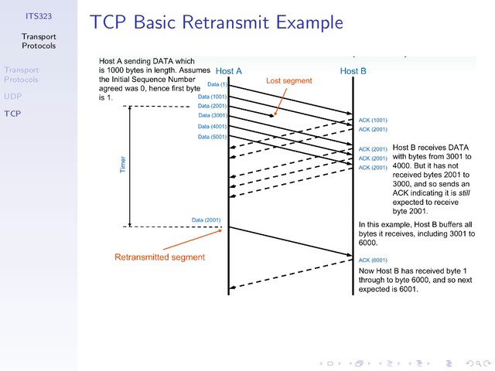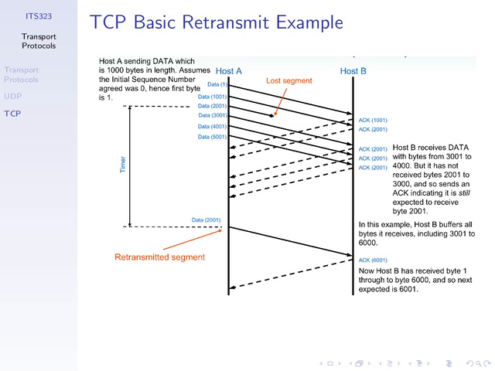So B receives the first segment. Let's keep track of the data that B has received, in terms of sequence numbers. When B receives the first segment, it successfully received data from sequence number 1 up until 1,000. Each segment contains 1,000 bytes.